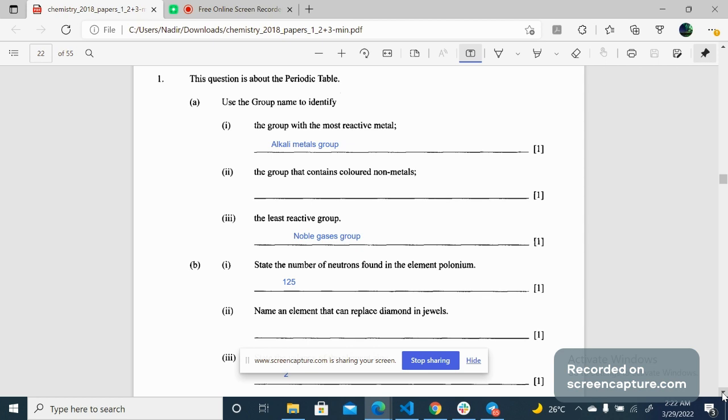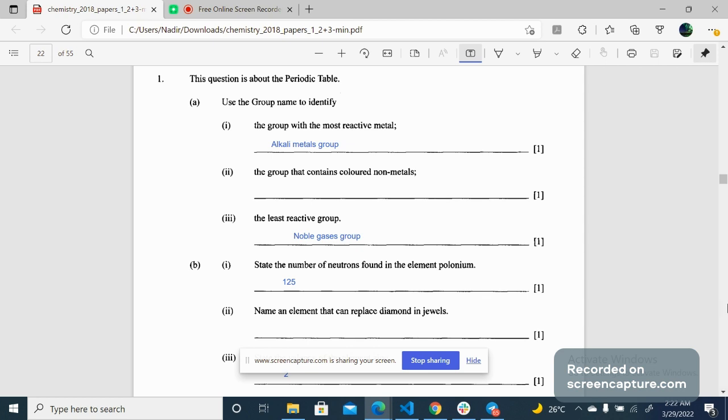They are so inert or isolated that they don't want to form compounds or get involved in bonding with other elements. So that's why they are referred to as the least reactive elements in the periodic table, and the group is called the group of noble gases, which is the least reactive group in the whole periodic table.